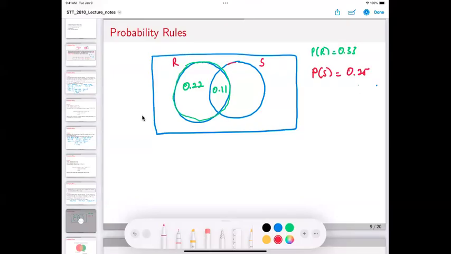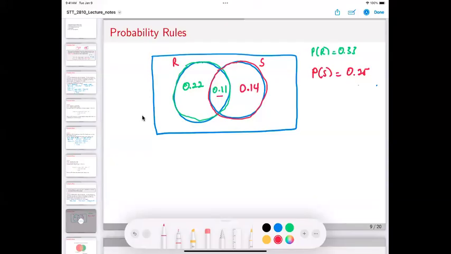Now, S is the whole of this thing here. We need to put a figure here, so that when we add this and that figure, we are going to get 0.25. So what is 0.25 minus 0.11? 0.14. Does that make sense? Okay. So this is how to put the information.